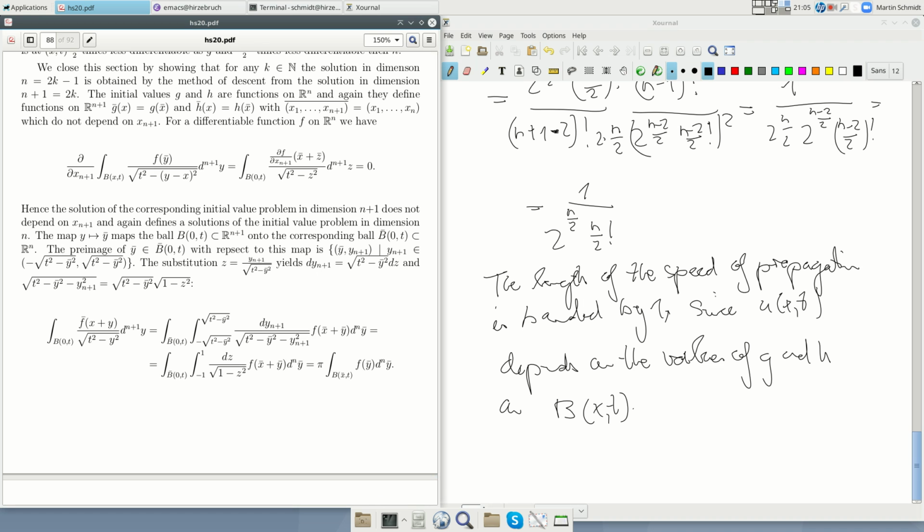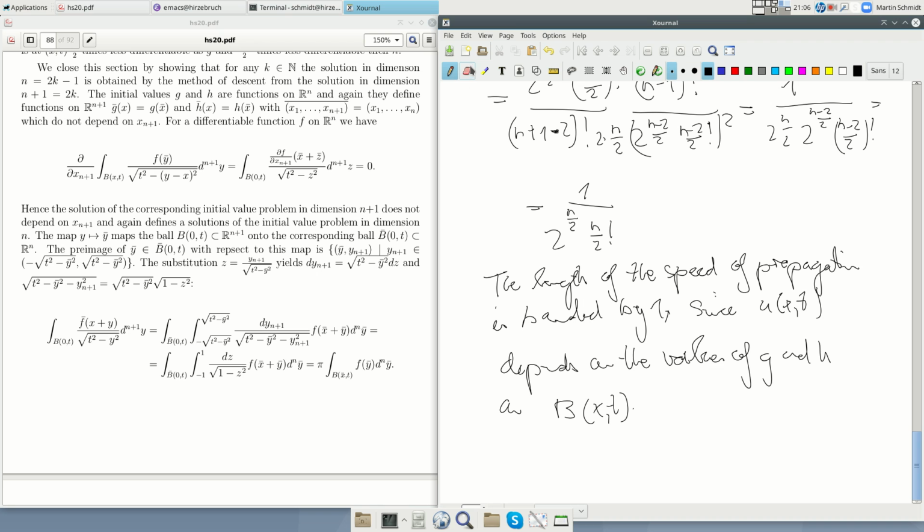So let's now calculate the mean of the ball in this radius for a function which does not depend on the last variable. Maybe I draw a picture to explain this.